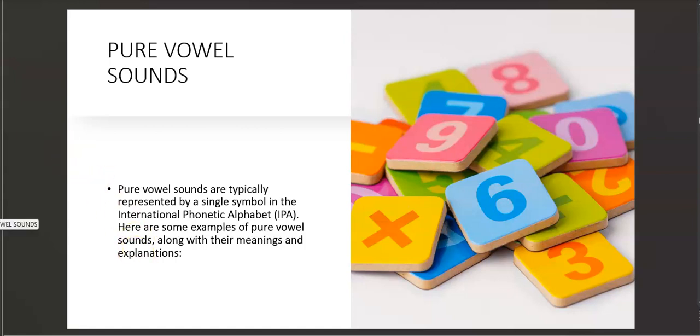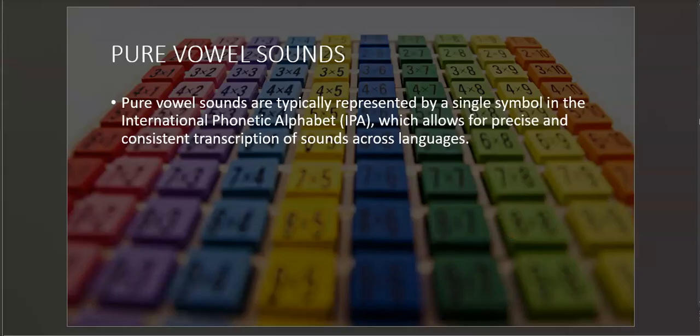Now let's look at some examples of these pure vowel sounds. After we look at these examples, I think we will be able to understand what we are really talking about today.